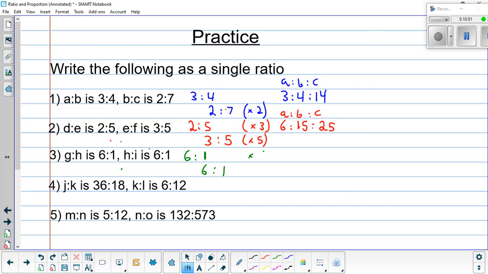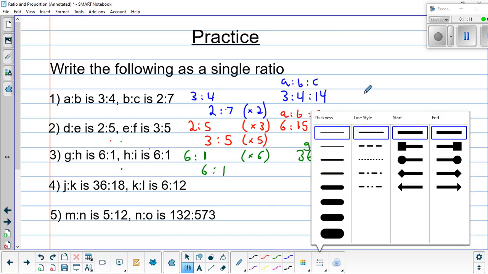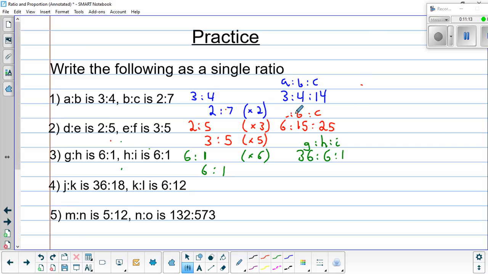So this one, I'm going to multiply the top by 6, and so we can get 6 times 6 is 36, 36 to 6 to 1, that's G to H to I. And I apologize, I just noticed a problem with my last one. I said A to B to C. It should have been D to E to F. So if you caught that, well done. So question 4.